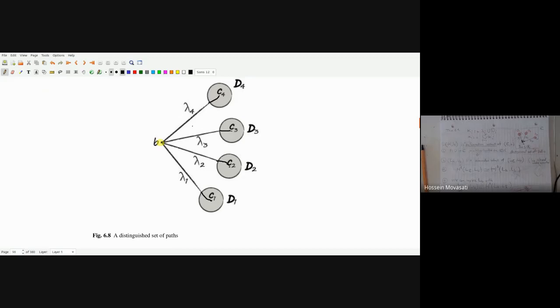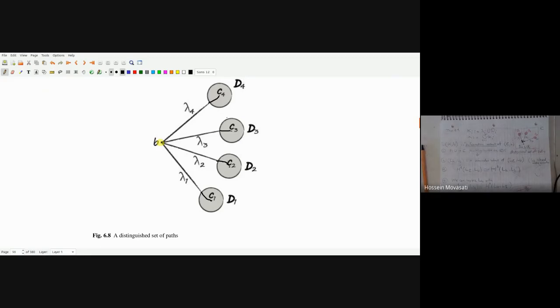So this is called in singularity theory a distinguished set of paths, which also requires that we give an order to these lambda i's. But for our proof, for the moment, we will not need this order, and just the topological picture will matter for us.